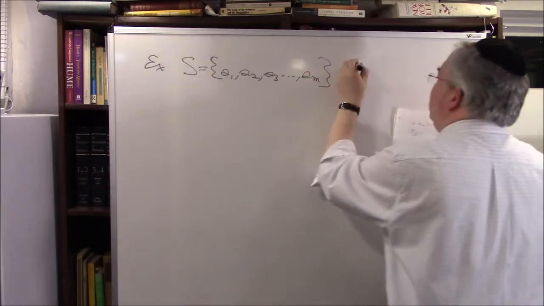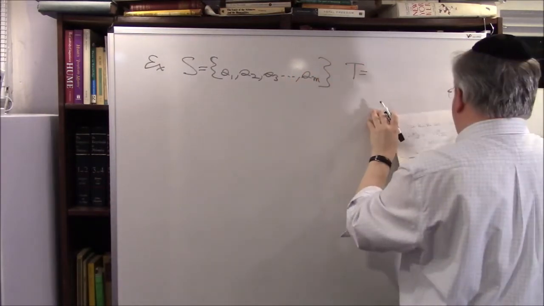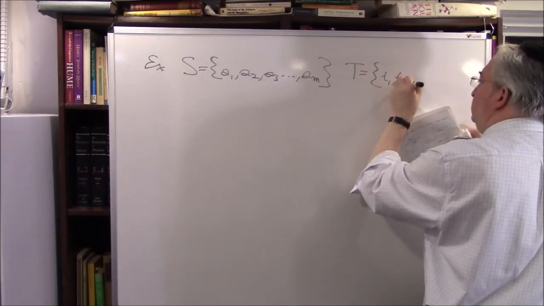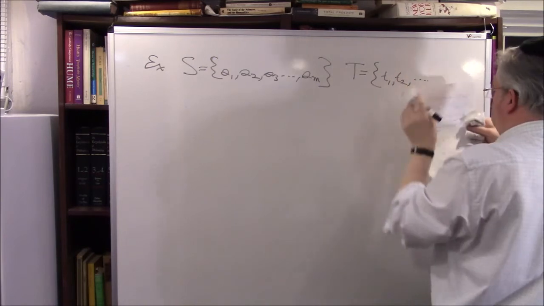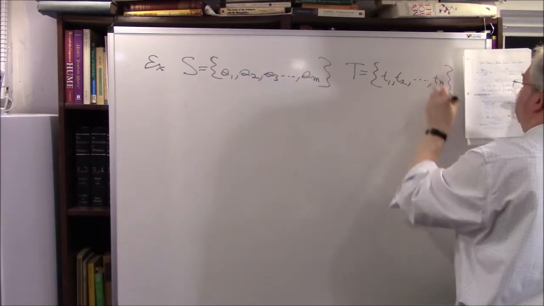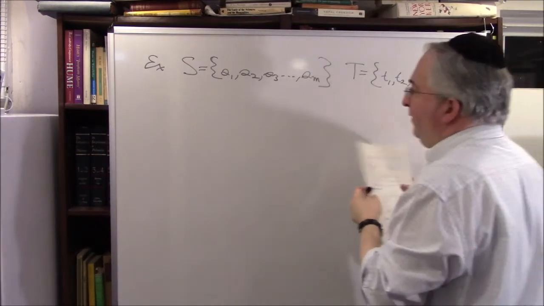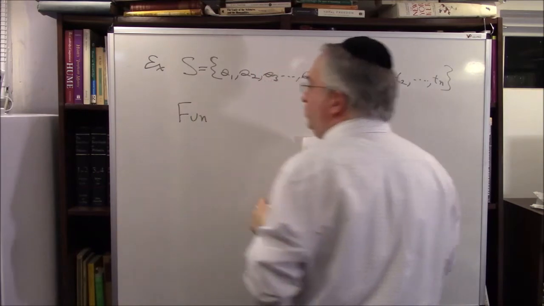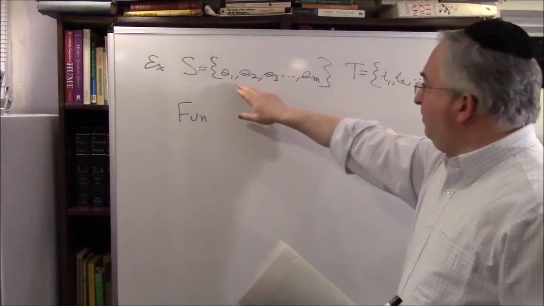T is equal to little t1, little t2, little tn. Now we can ask the following question. How many functions are there from S to T?